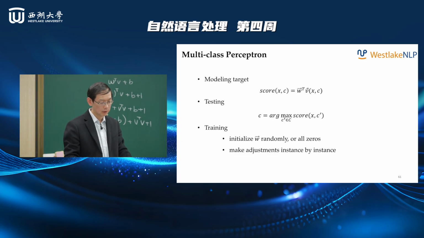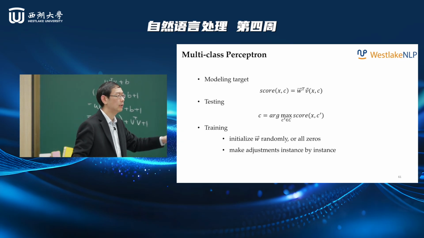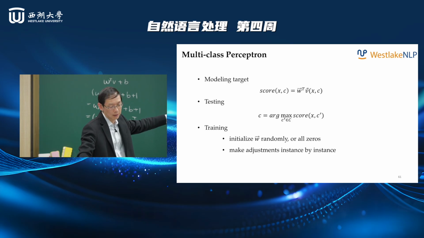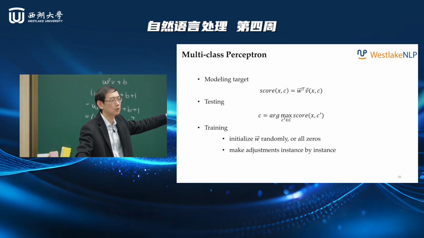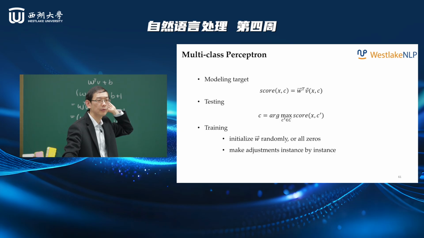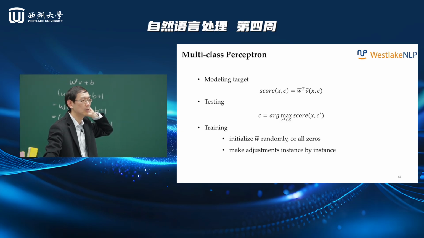And during testing, what do I do? During testing, I just find argmax over C of the score. What does argmax mean? I've shown you argmax a few times.